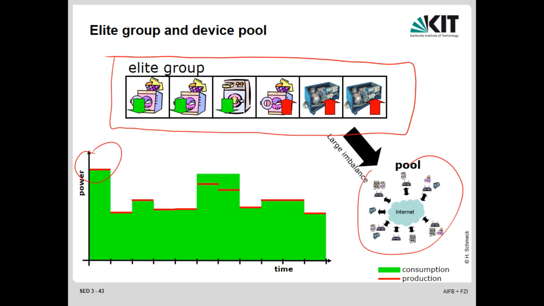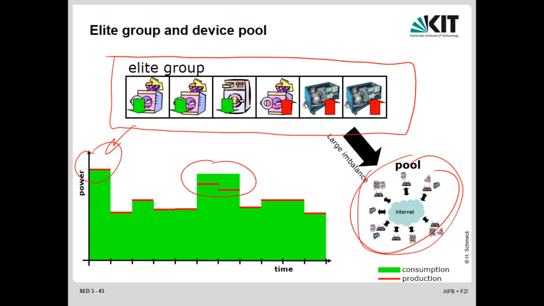They will have to use that energy at some later time, so there are deviations at some later points in time which also have to be taken care of by the pool. And so this can be done by the pool because it's referring to later times, and so there's more time for optimizing. And so the elite group is responsible for short time deviations, which have to be there immediately, and those deviations at later times can be taken care of by the pool.